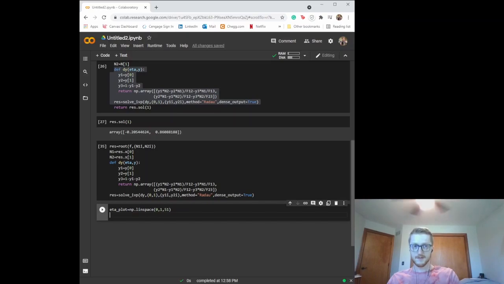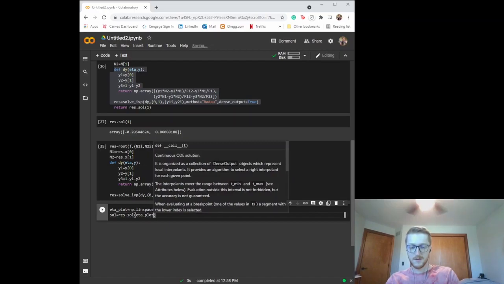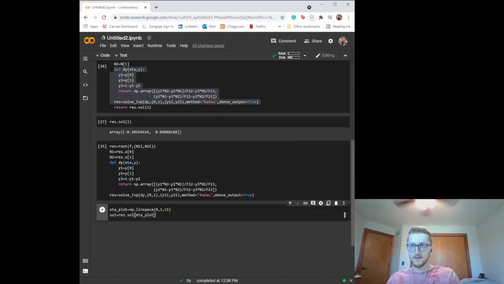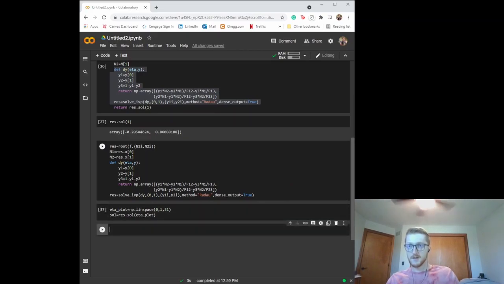And we're going to solve our equation at those eta plot values here. Make sure I iterated that. Iterate this. Cool. Okay, now what I want to do is make some subplots for this to see the concentration profile.